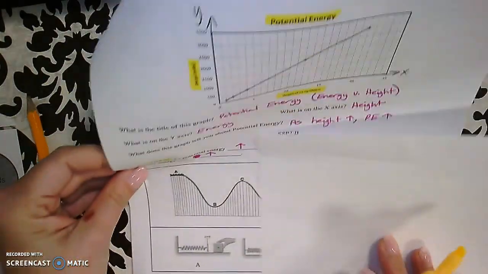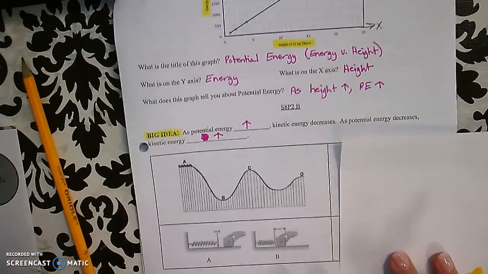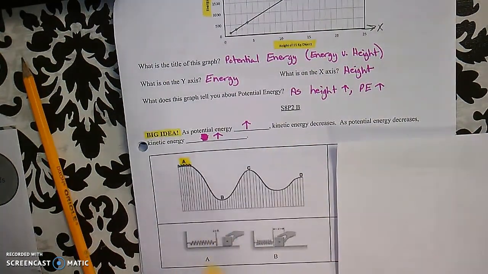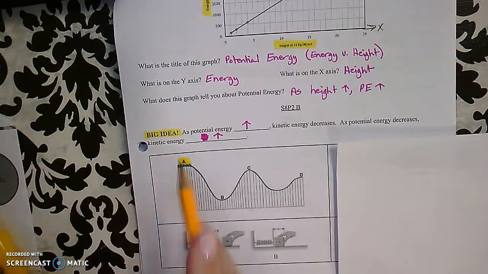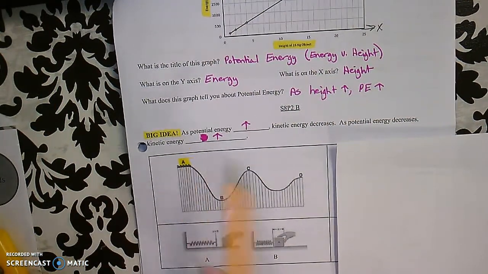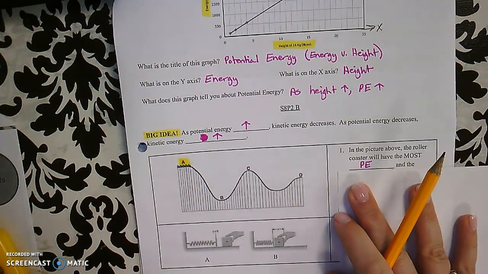Okay? So next we have these pictures. We've got a roller coaster and a spring. So number one, in the picture above, the roller coaster must have the most blank and the least blank at point A. So at point A, we have the most what? Here we're highest off the ground and we're paused. We're not going very fast. So at that point, we're going to have the most potential energy.